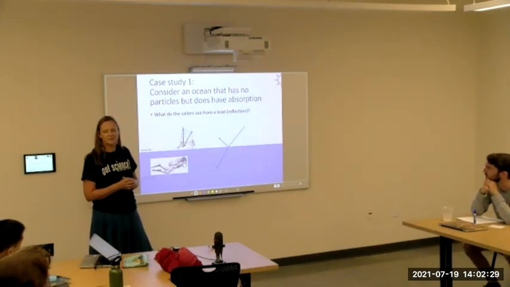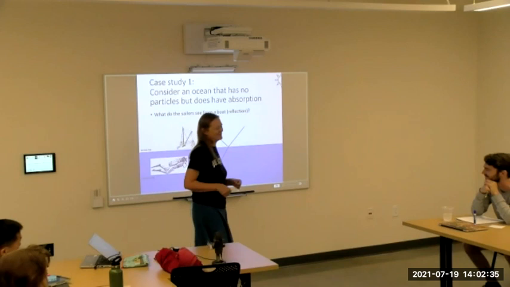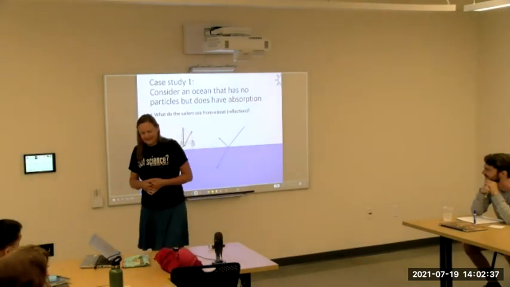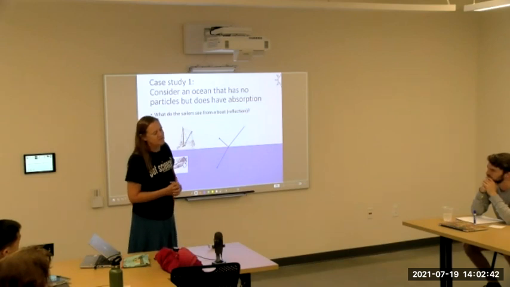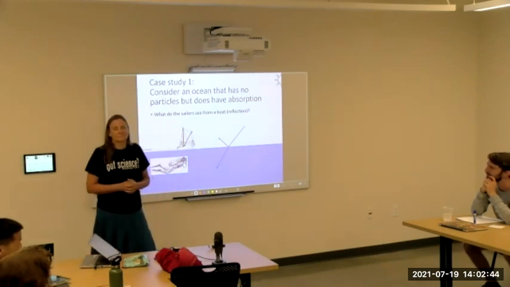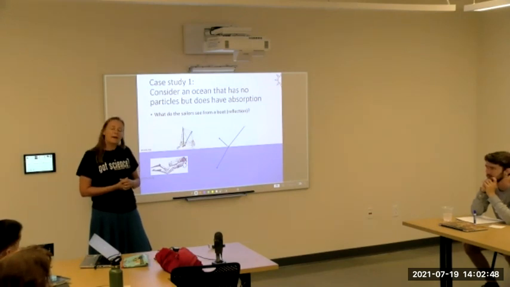But I didn't tell you what the absorber was. You assumed water. It's okay, we're in an oceanography class. What if I said it was an absorber that could absorb all the wavelengths? White? Why white?